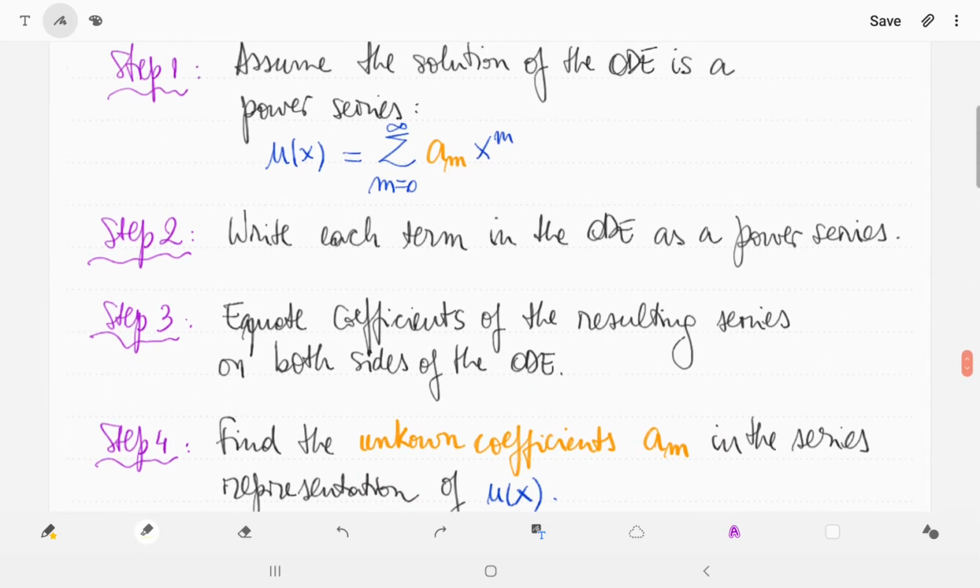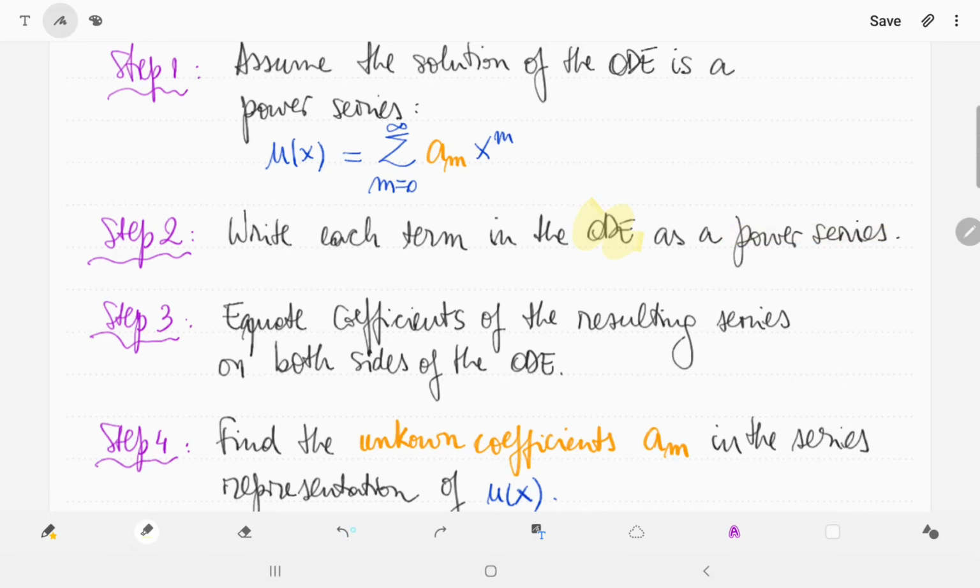Second step, we write the ODE as a power series, as we were working in the last example in the second part of this lecture, second lecture. So we take our ODE and we write it as a single power series.